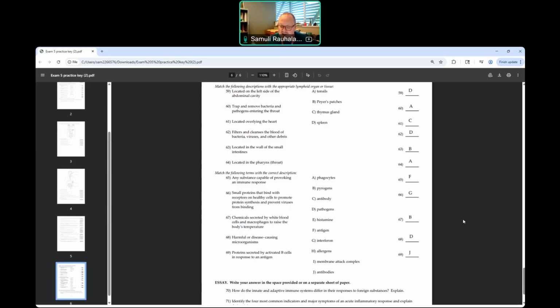Pyrogens, instead, chemicals secreted by white blood cells and macrophages. Those raise the body temperature in fever. Pathogens was this umbrella term that I used to refer to any disease causing microorganism like virus, bacteria, and parasite. And finally, antibodies, shown as J here, were responsible for detecting and acting on antigens.